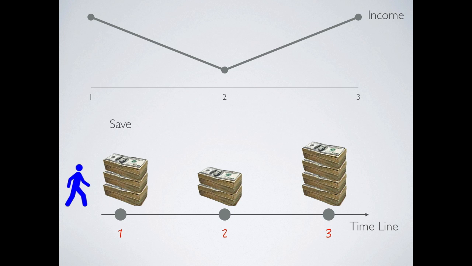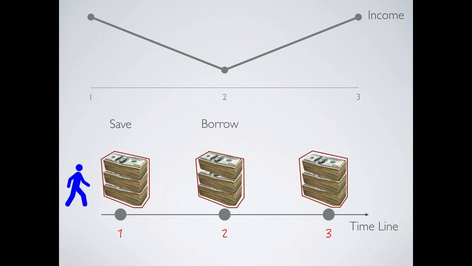And when he goes to day 2, he can borrow from day 3. In this case, he can also achieve the same smooth consumption level as the black person. Then his consumption pattern would also be a flat line like the black one, and it also has 3 piles of cash for each period to spend.